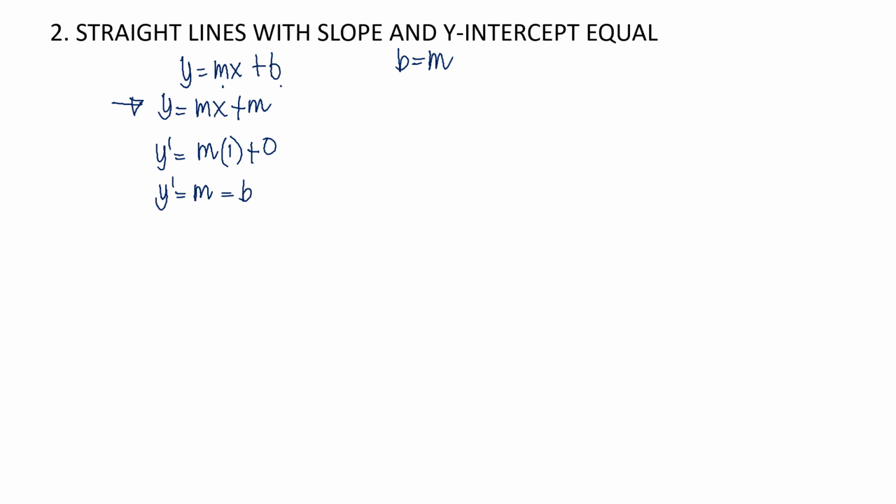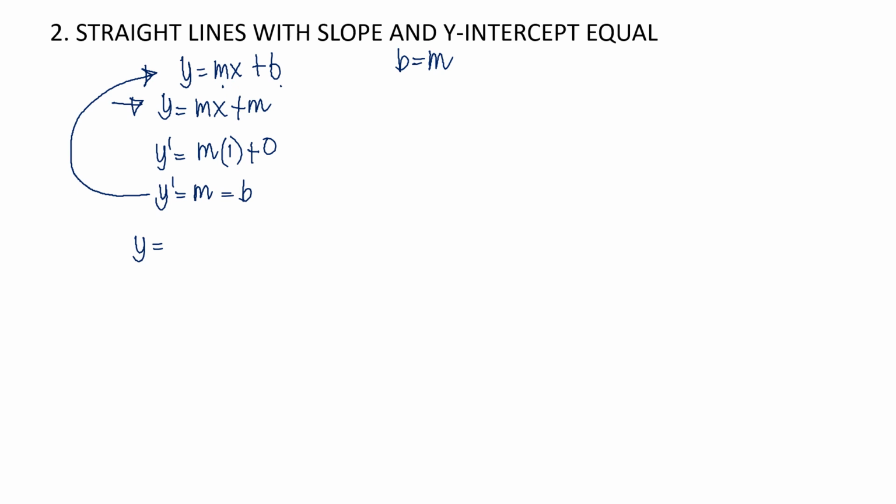Therefore, we can substitute our y prime to our original equation para ma-eliminate natin yung ating mga constant or our arbitrary constant. So, y is equals to, we'll substitute to this equation, mx plus b.